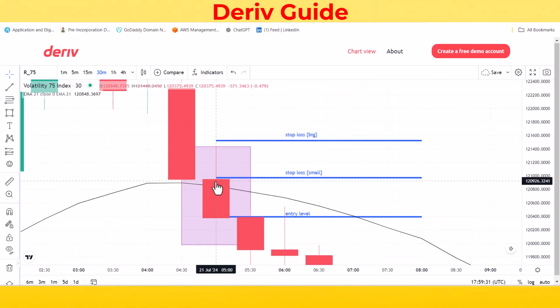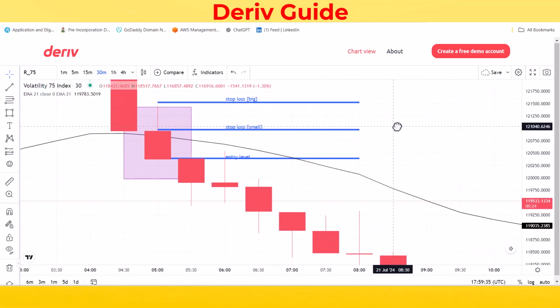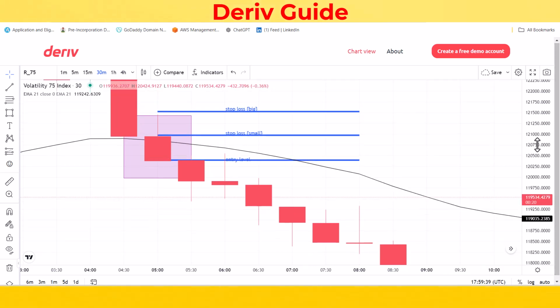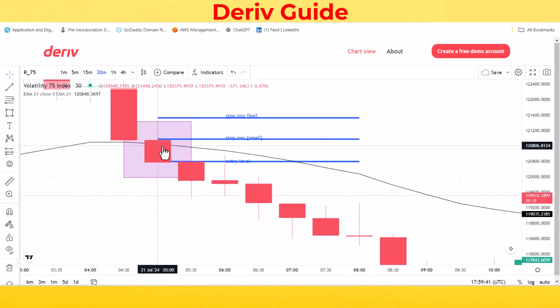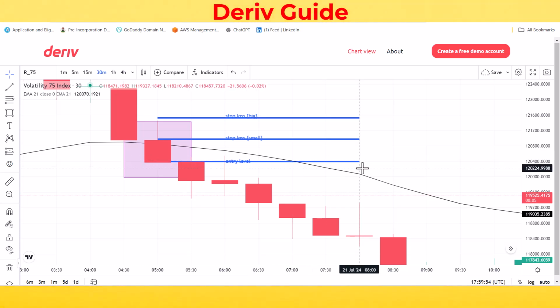If you do a back check, if you back test, you realize that every time the body of a bearish candle ends below the 21 EMA, the market moves in the direction of that body for at least the next 3-4 candles.